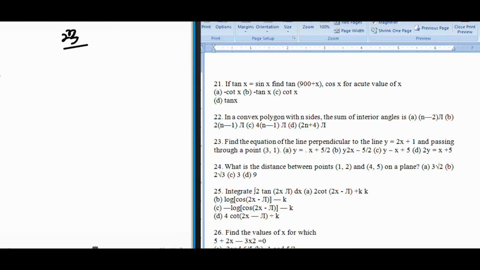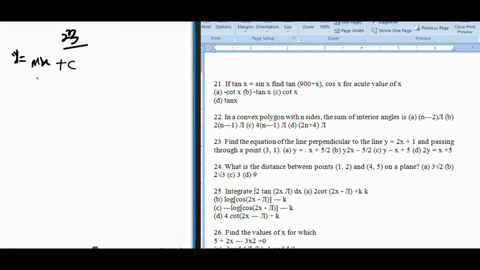Don't forget your equation of a straight line, y is equal to mx plus c. Now by comparison, it is obvious that our m will be equal to 2. Remember that m is the gradient, and c is the intercept. Which means the gradient of the line y equals 2x plus 1 is equal to 2.